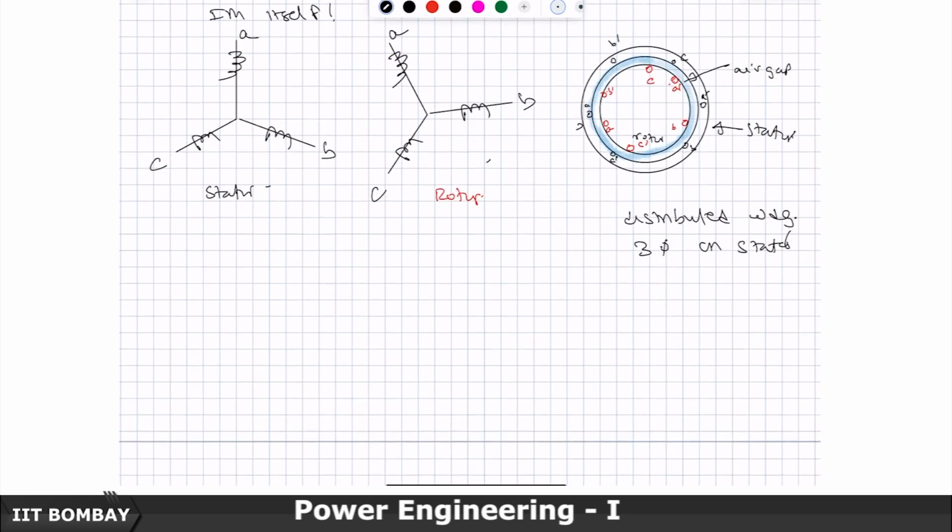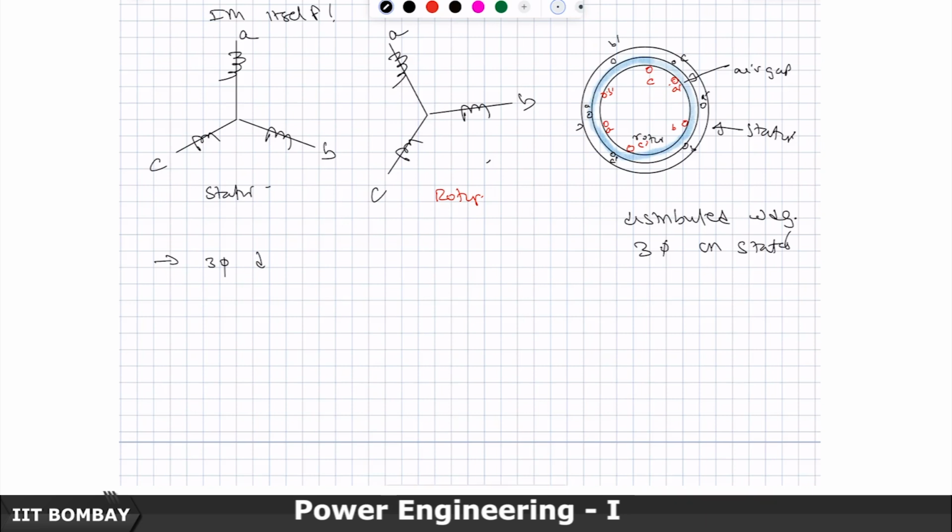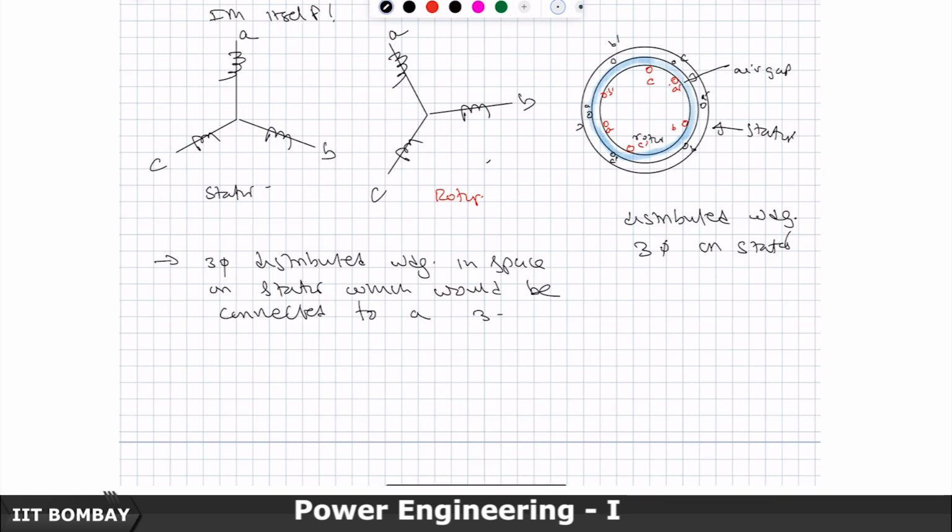So, first take that you understand now what I have taken is, we have 3-phase distributed windings in space on the stator, which would be connected to a 3-phase supply.